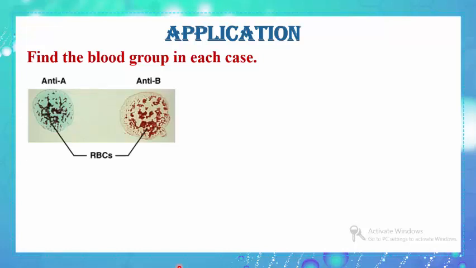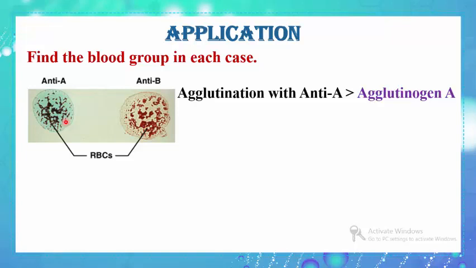In the first case, the same type of red blood cells is present in the two corresponding samples. For the first one, we add anti-A and for the second one anti-B. Let us observe first with anti-A. What does it represent? Great, agglutination.